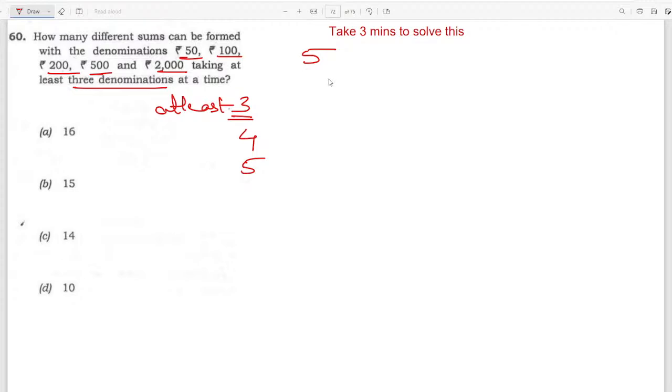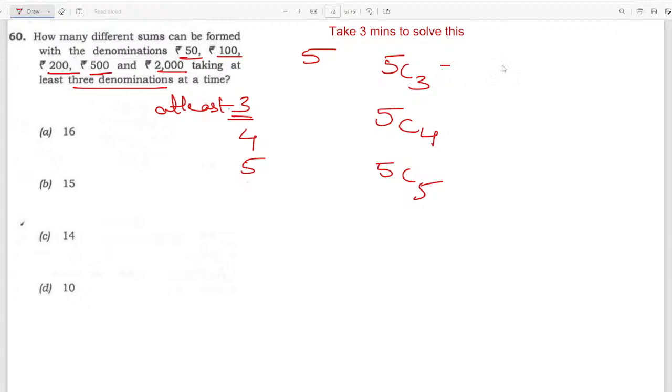And you have to individually calculate how many different sums can be formed. So when you are taking 3 at a time, you are selecting out of 5, you would select 3, so 5C3. If you are choosing 4 at a time, it's 5C4. If you are choosing 5 at a time, that is 5C5.